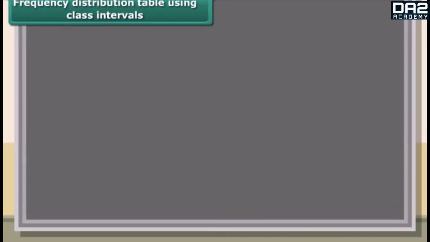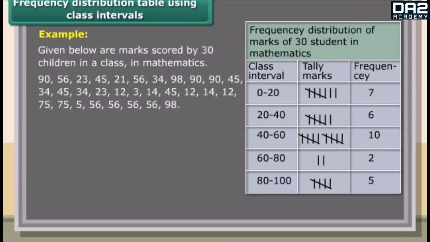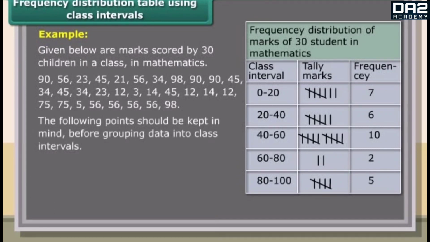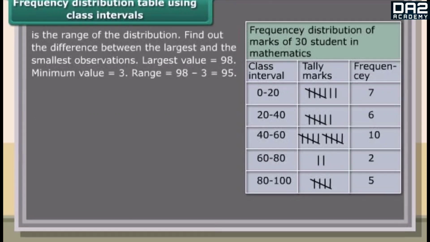Frequency distribution table using class intervals. Example. Given below are marks scored by 30 children in a class in mathematics. The following points should be kept in mind before grouping data into class intervals. 1. When you group data into class intervals, the most important factor you have to take into consideration is the range of the distribution.